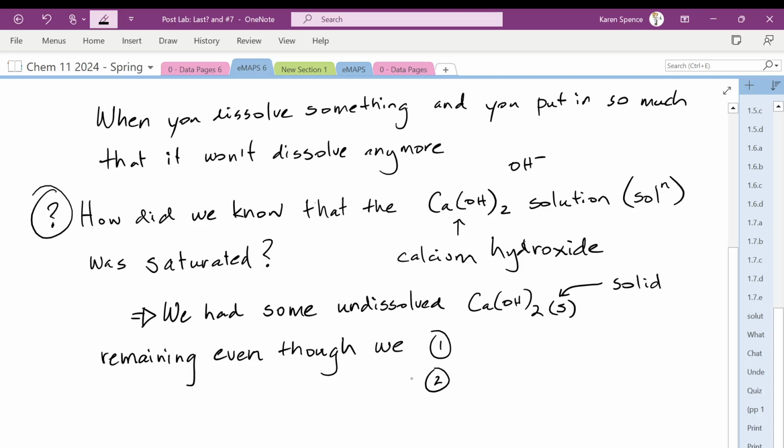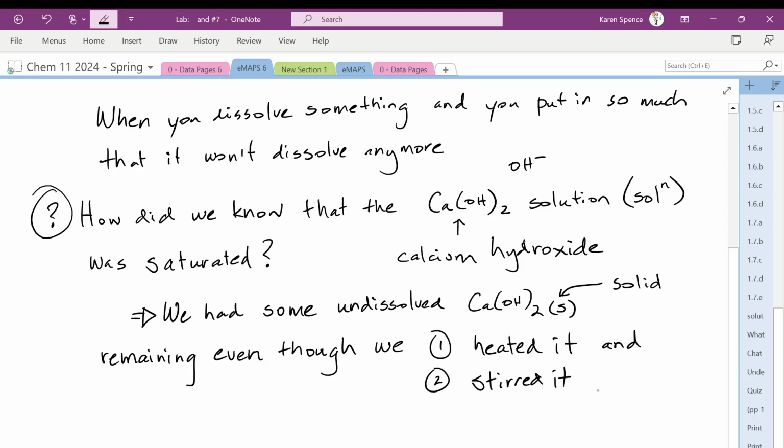We had some undissolved calcium hydroxide solid remaining, even though what happened? Even though we did what? We heated it. And what's the second thing we did? Stirred it. Yep. Very good.